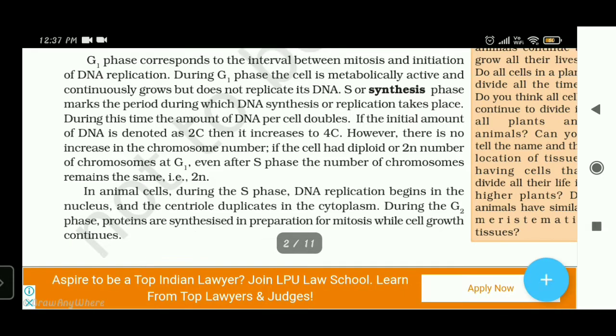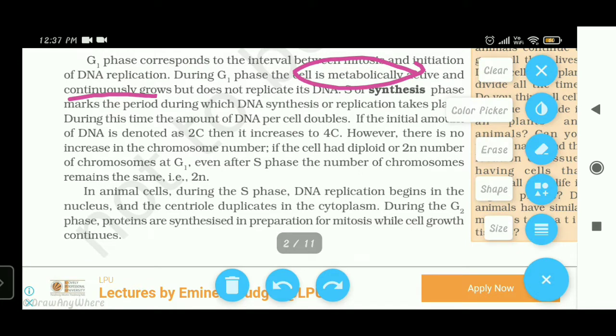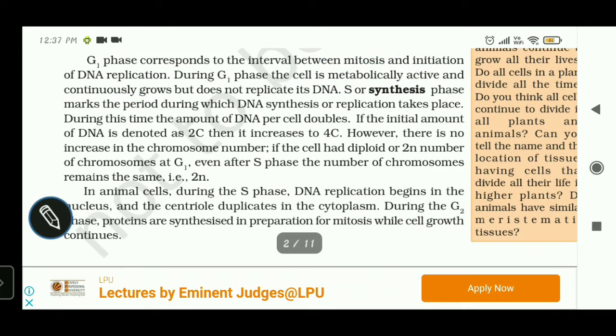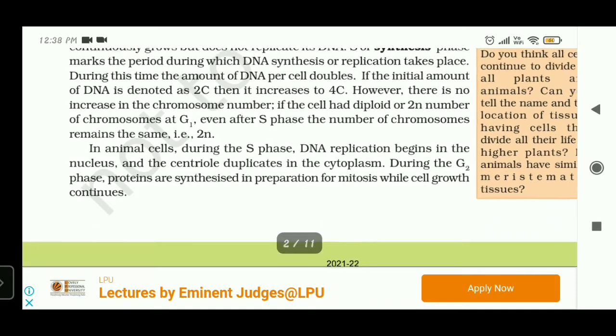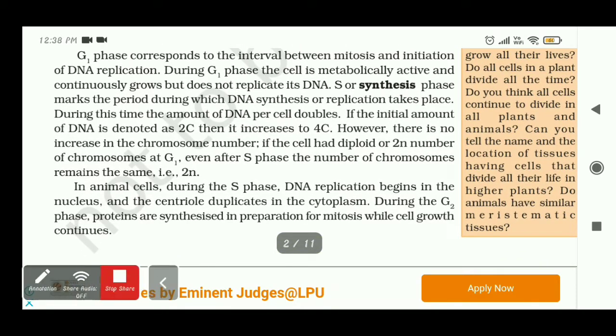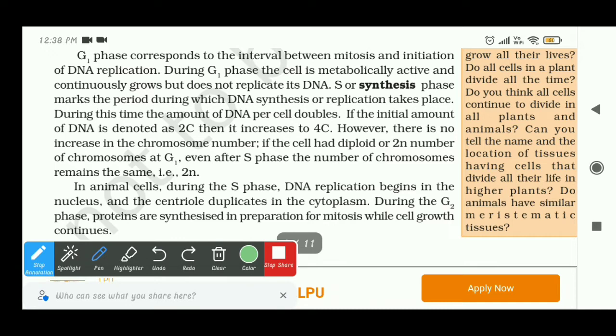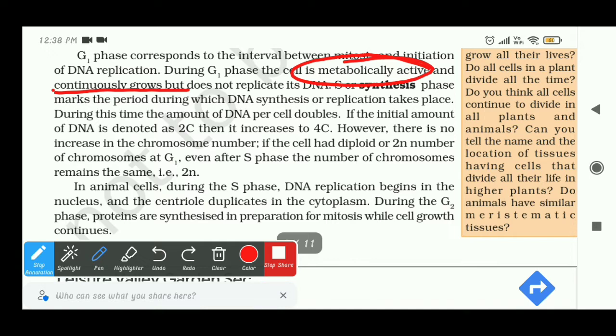In this phase the cell is metabolically active and continuously grows. I told you that growth is a continuous process, so growth will continue in every stage. The cell is metabolically active and cell growth will continue, but it will not replicate its DNA here.